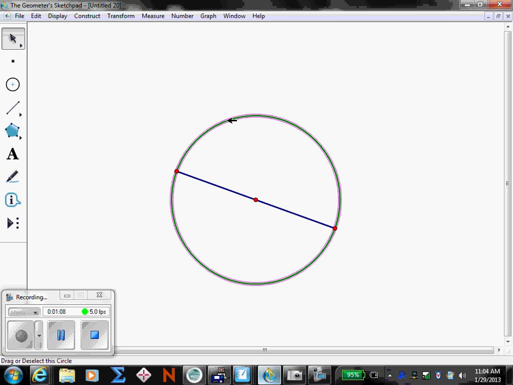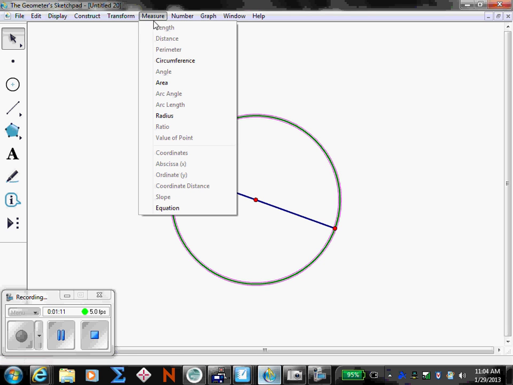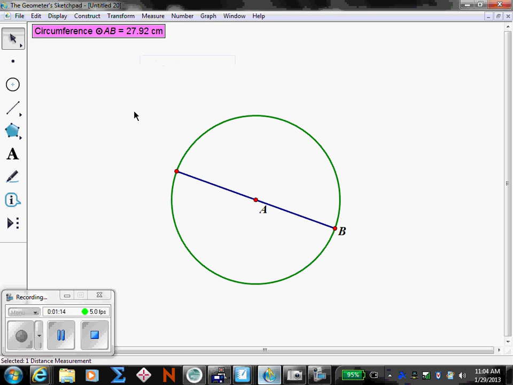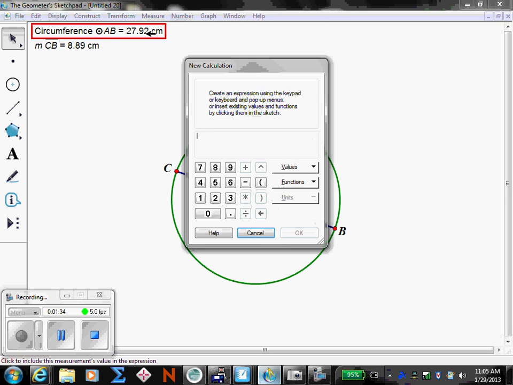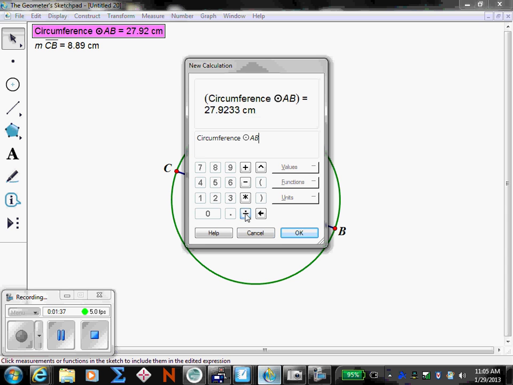Now if I highlight just my circle and say measure the circumference, it'll give me the numerical value, not in terms of pi. So where does pi come from? If I take the circumference and I divide it by the diameter, so there's my diameter, CB, so I'm going to go into my calculator and take the circumference and divide it by the diameter.